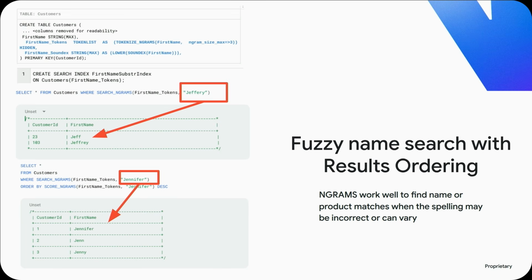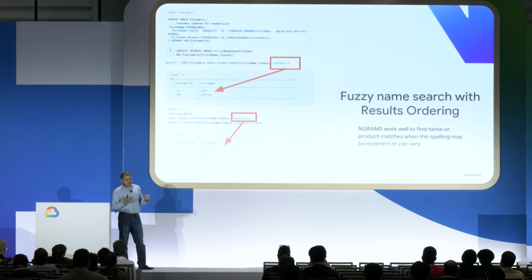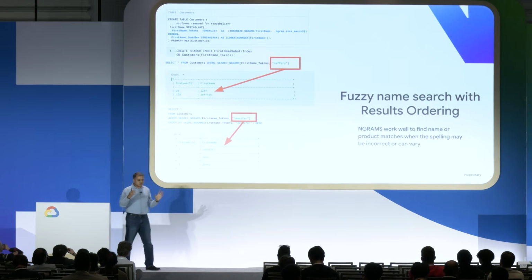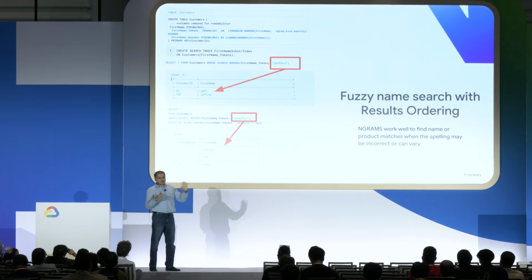And so when we do a second query here with the string Jennifer, you'll see that the results are ordered with Jennifer as the best fit, Jen as the second best fit, being a substring, and then Jenny, which is an alternate spelling. Right? So with fuzzy text search, you can basically get different spellings, different ways to represent words and capture mistakes.